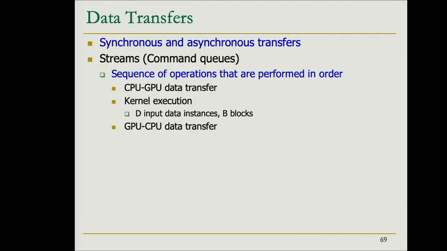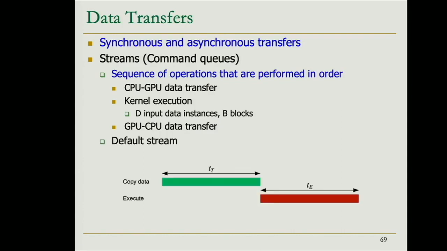In principle, as you know, we need to transfer from CPU to the GPU, then do the kernel execution, then do the transfer of the results from the GPU to the CPU. So usually the default stream is going to be something like this. These are two operations that belong to the same stream because they are performed in order, right?